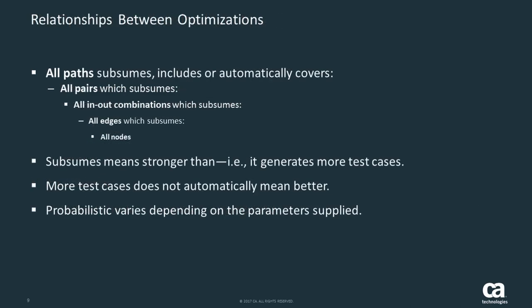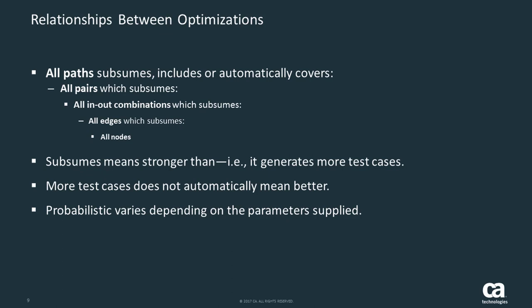Now there's a relationship in general between the various optimizations in ARD, and I'll use this term subsumes to mean automatically covers. So for example, all paths subsumes, it automatically covers the all pairs optimization. All pairs subsumes all in or out combinations, and all in out combinations subsumes all edges, and all edges subsumes all nodes.